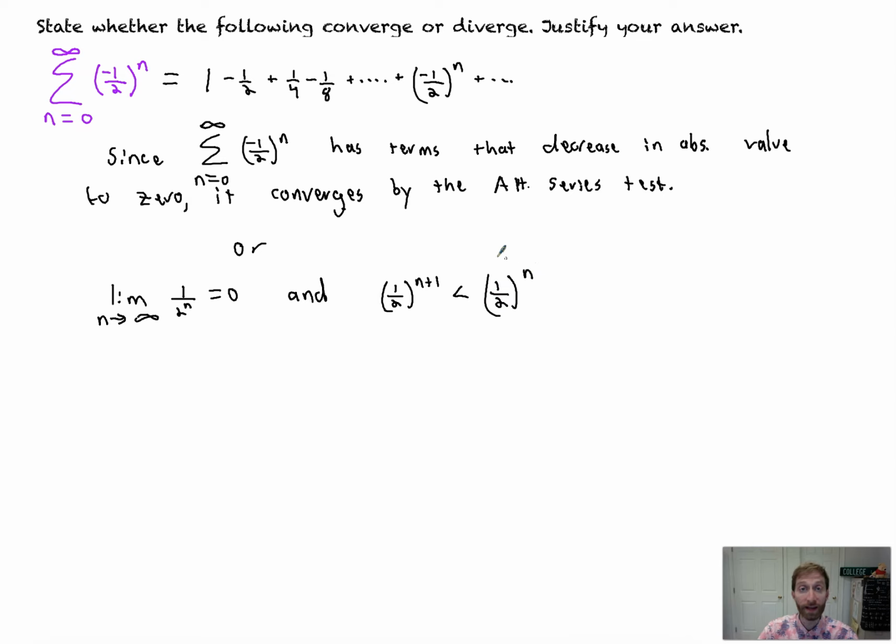And you can just state that. That is true. 1/2 to the n plus 1 has a bigger denominator than 1/2 to the n. You don't have to prove it any further. If your professor or teacher wants you to, that's fine, but most people are okay with just this. Then the alternating series converges. You can just state it that way. The alternating series converges.